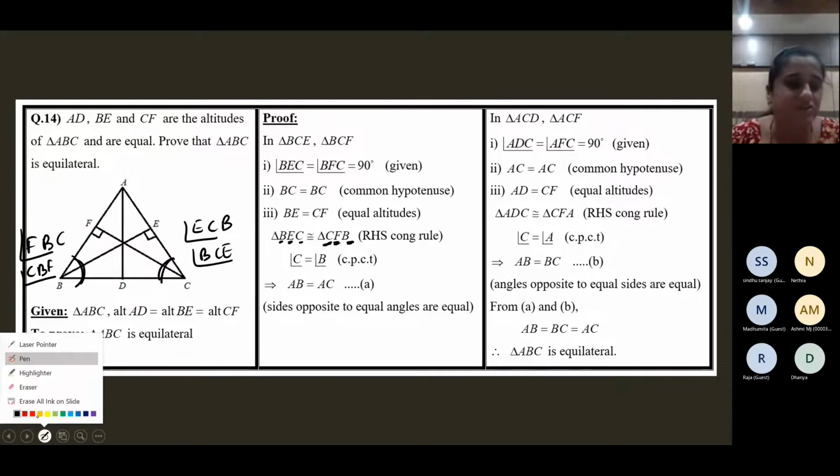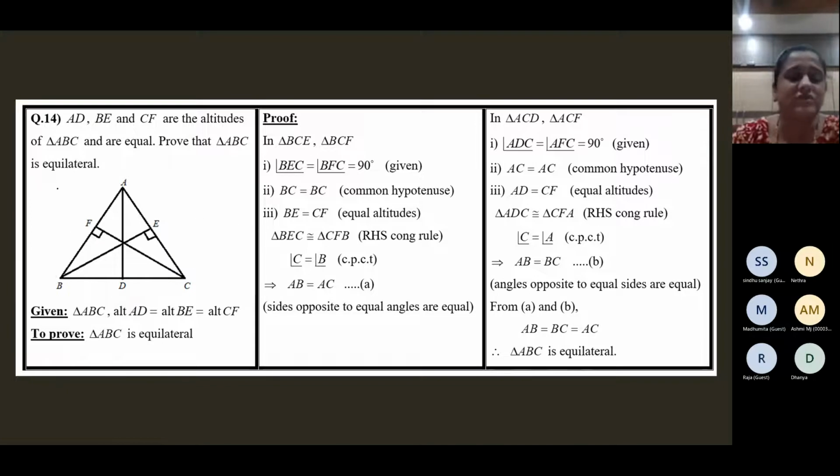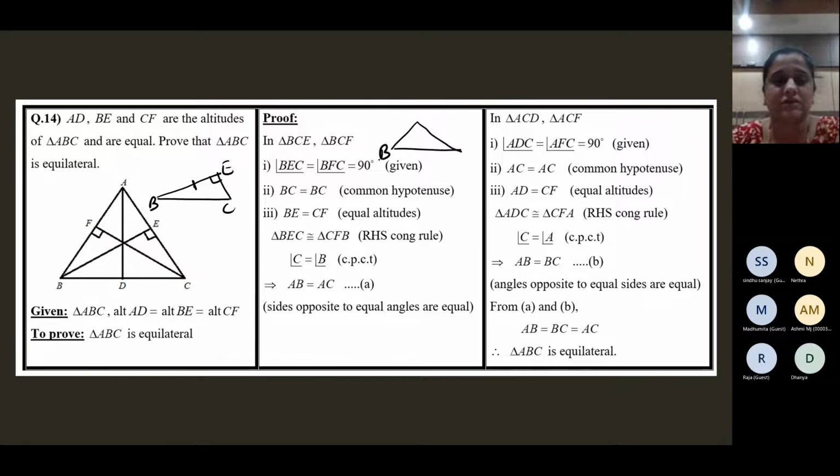If this is also difficult, children, it shouldn't be. If this is also difficult, just draw the triangle separately. I'll show you the triangle BEC separately, okay? This is B, this is C. So this is BEC, children. This is the BEC triangle, this is the altitude, this is the common side, and BFC, and this is 90 degrees, and this is the altitude.